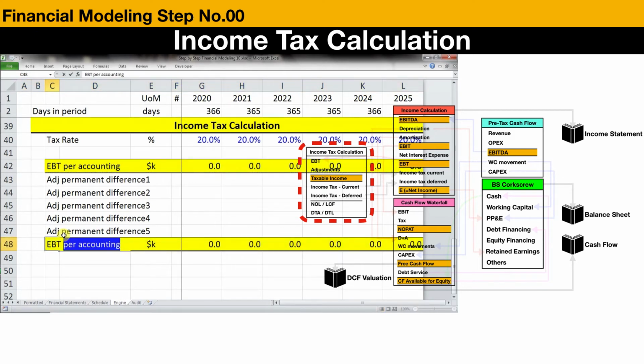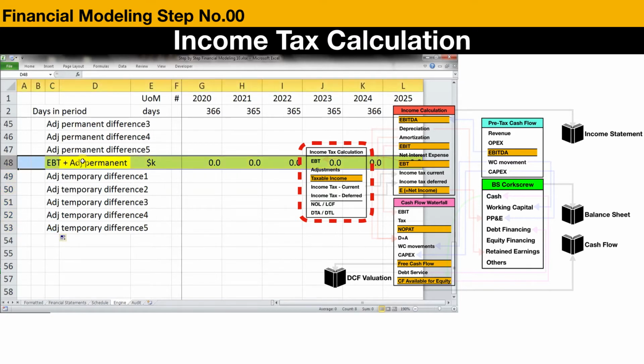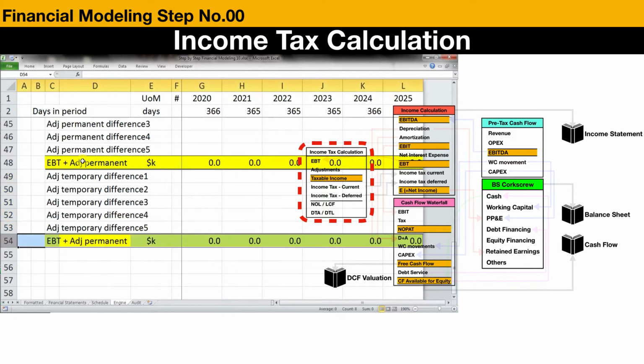Earnings before tax, adjusted for the permanent difference, is the basis for calculating income taxes per accounting. If the difference is temporary, then it is just a matter of timing. Impairment of fixed assets, amortization, and depreciation are a few examples of items causing temporary difference. After making such adjustments to income, we get taxable income for tax purposes.